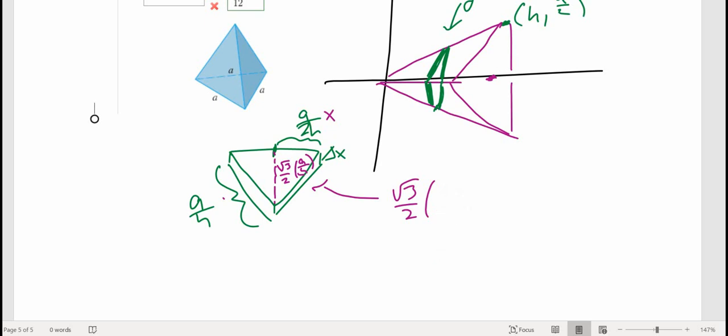And then the height of that would be a over 2h times x, because it's dependent on how far out you go. A over h. I'm just making sure I've got all the right stuff in here.